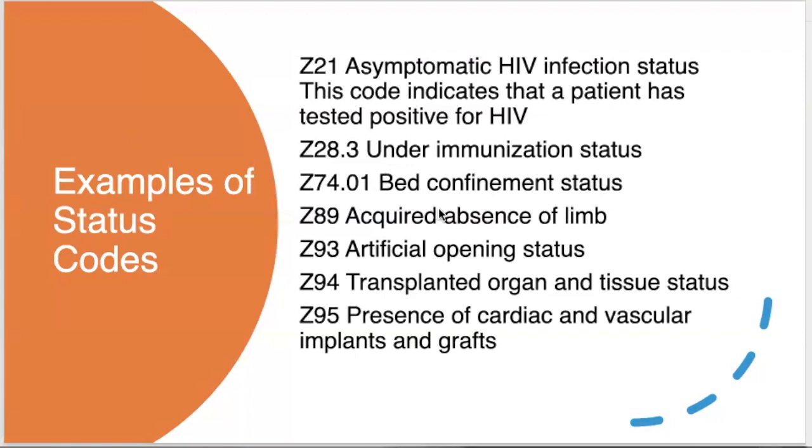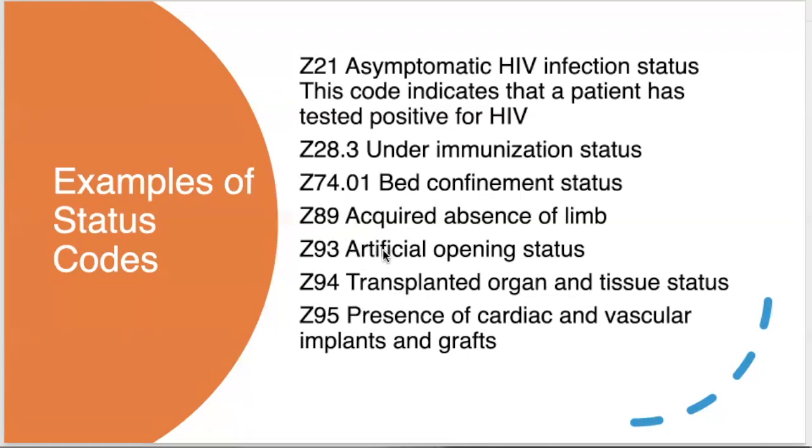What about if a patient is pretty much confined to the bed? Z74.01. So these are status codes, guys. If a patient has one of the limbs amputated, acquired absence of limb, that is a status, Z89.